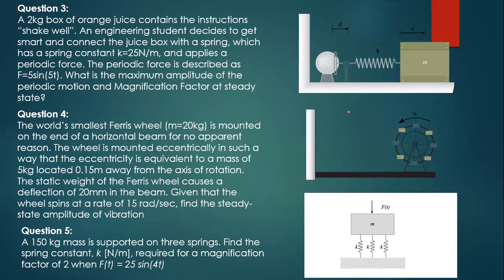Question number 3. Here we have another system. A 2 kg box of orange juice contains the instrumentation.